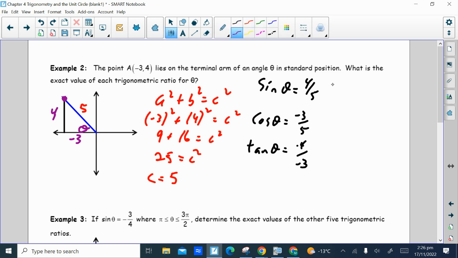The reciprocal of sine is the cosecant. The reciprocal of cosine is the secant. And the reciprocal of tan is the cotan. So there are the 6 trig ratios.